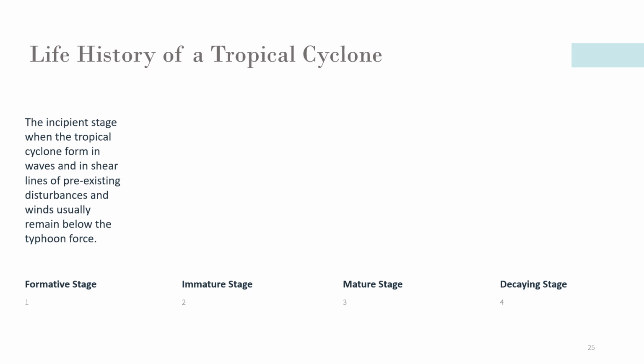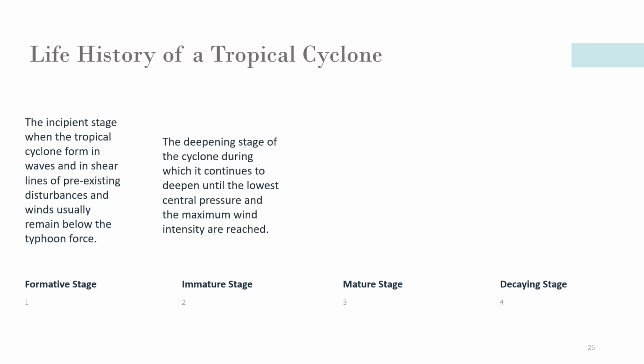The second is the immature stage, which is the deepening stage of the cyclone, during which it continues to deepen until the lowest central pressure and the maximum wind intensity are reached.